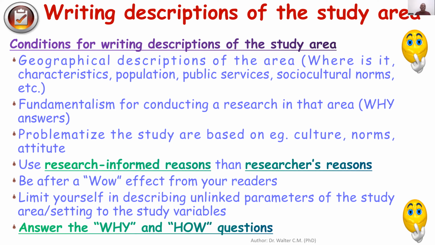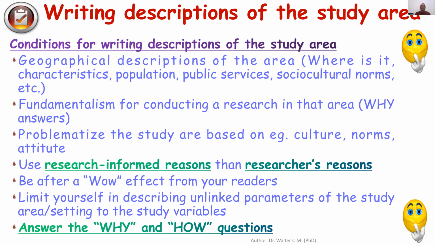So one of the criteria or conditions that we should consider, and it should be there in the paragraph, very well described in chronological order, is the description of the geographical location of the study setting.